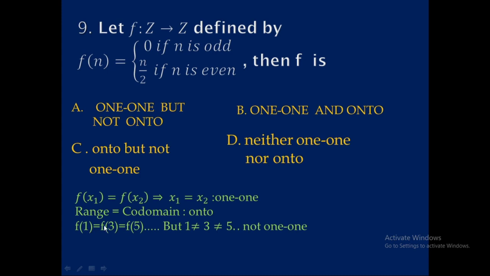It means the images are the same but the elements are not equal. Therefore this function is not 1-1. Directly we can say the function is not 1-1. Therefore the first option is not true, options A is not true, options B is not true.